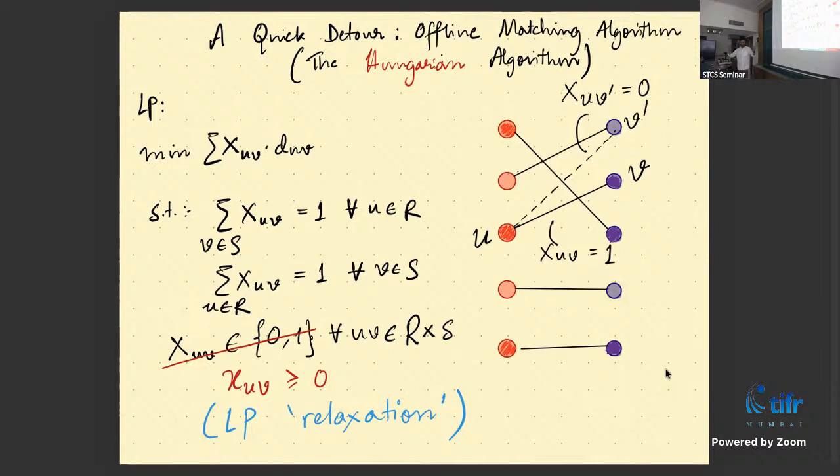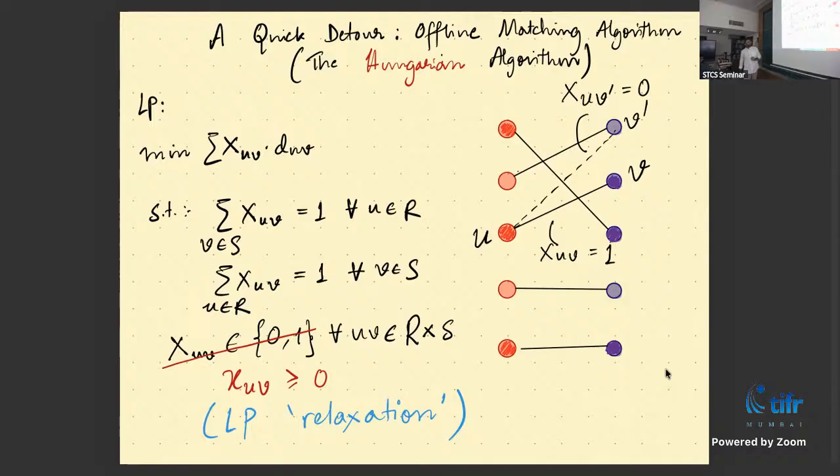An amazing feature of this LP is that there is always one vertex solution which is integral. So if you solve this LP, there is one optimal solution which will actually give you the matching itself. Great. But that's not what we are going to do, because solving an LP theoretically takes much more time.